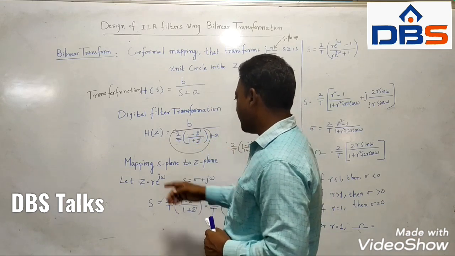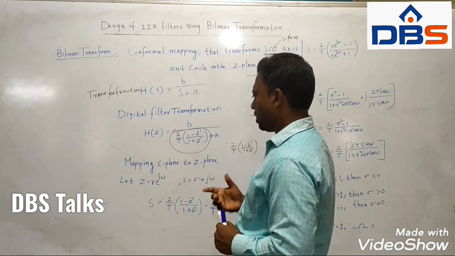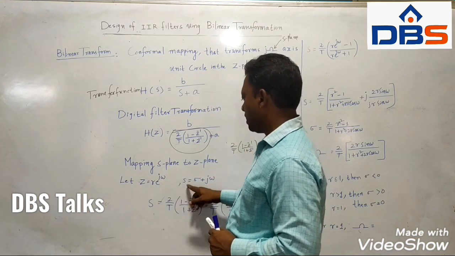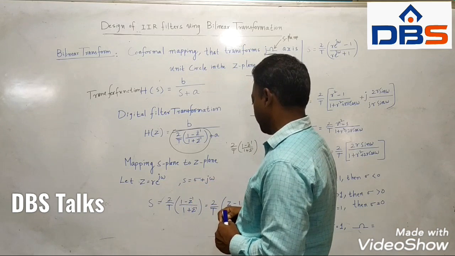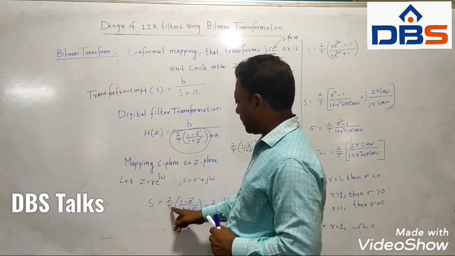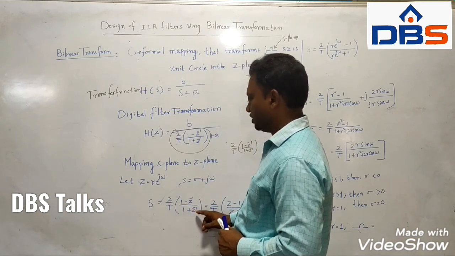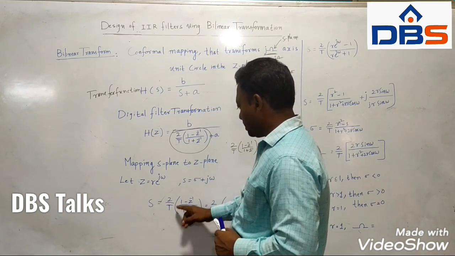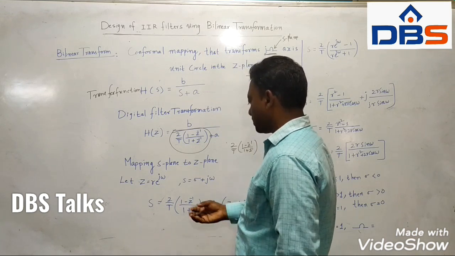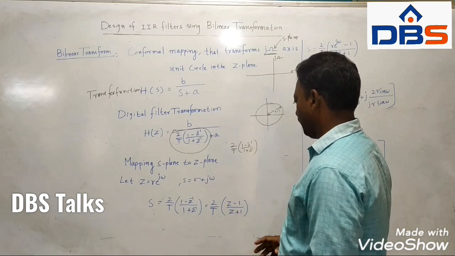Now, we will see the mapping of S plane to Z plane. As we know already, z is equal to r e power j omega in the polar form. s is equal to sigma plus j omega. Now this s is 2 by T, 1 minus z inverse by 1 plus z inverse. Now see, inside the bracket you multiply by z in order to get the required form.